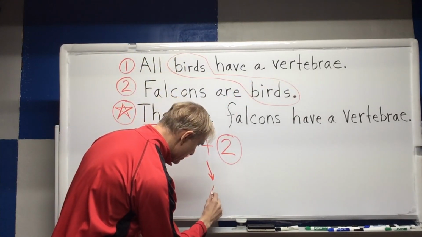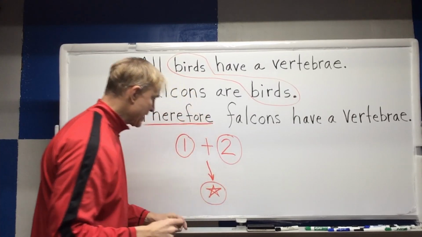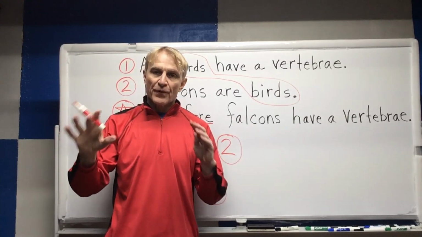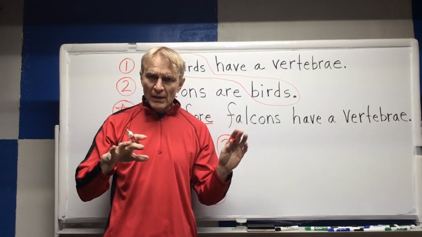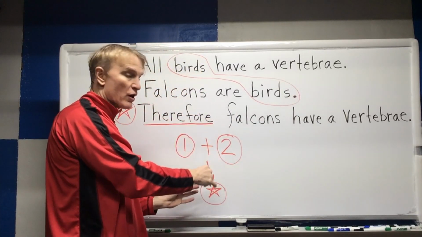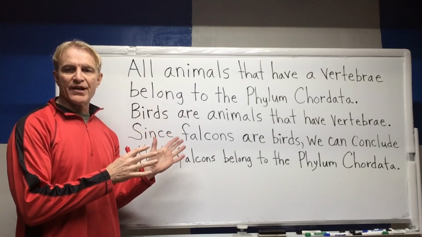So then I write my star down here. So that's one way to map it out. Of course, you're going to come up with your own style, as long as it's logical and you see that the arguments are flowing. Here's our second argument here.